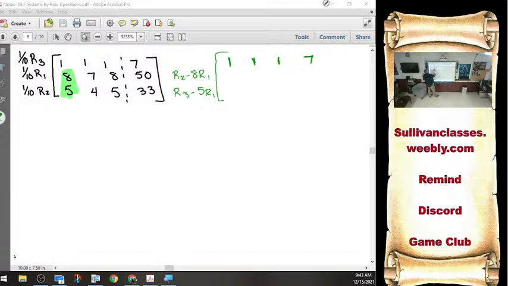Okay, so we'll take this times a negative 8 and add it. Bye-bye. Take this times a negative 8 and add it. Take this times a negative 8 and add it. Whoa. It went away. Magical Christmas land, sometimes that just happens. Take this times negative 8 and add it.